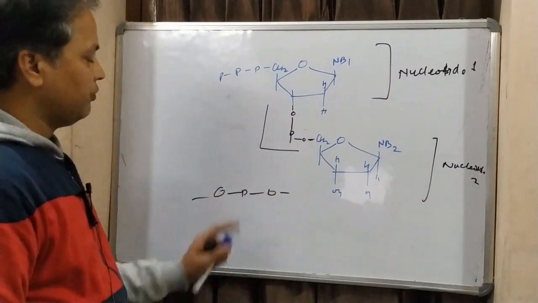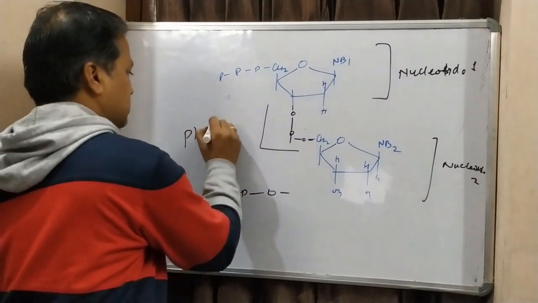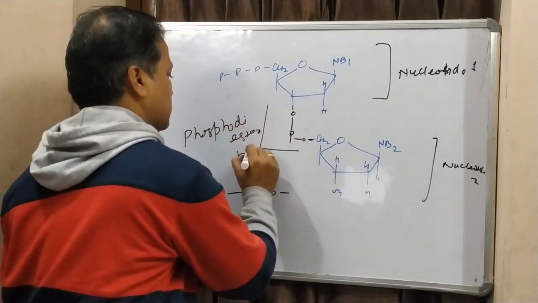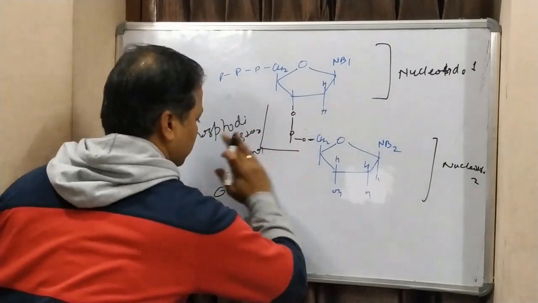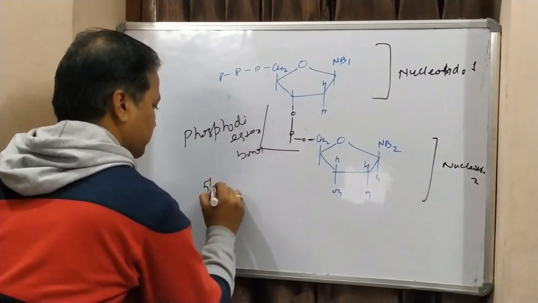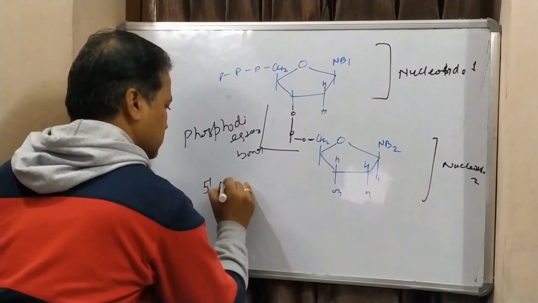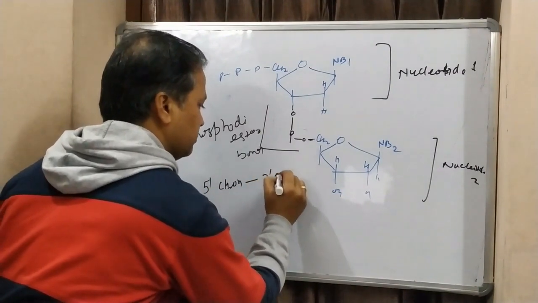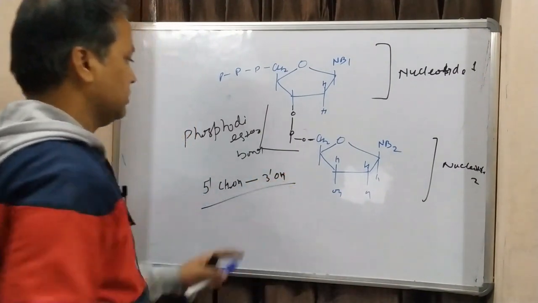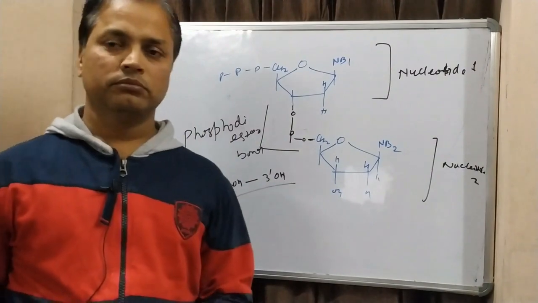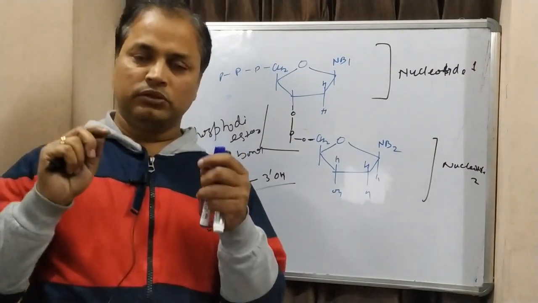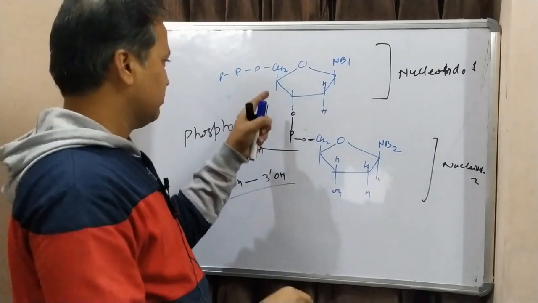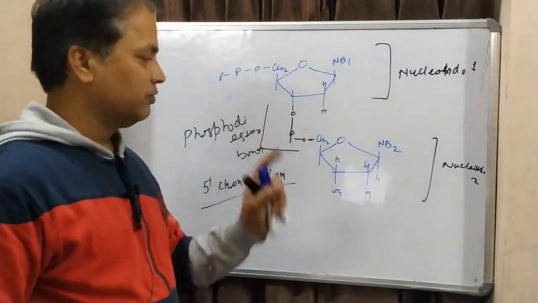This is called a phosphodiester bond. A phosphodiester bond forms between the 5' CH2OH of one nucleotide and the 3' OH of another nucleotide. So two nucleotides are joined together in a single strand by a phosphodiester bond.